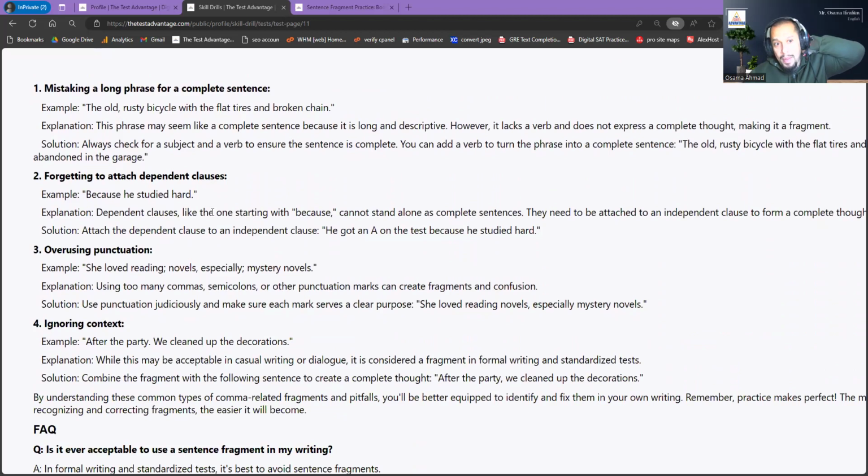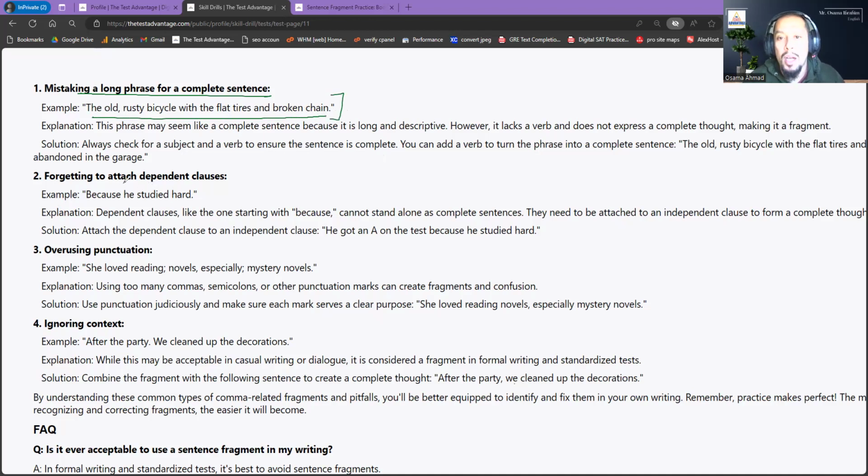Okay, so common pitfalls, common mistakes طلبة بيعملوها. Number one, they mistake a long phrase for a complete sentence. Okay, this is a big problem, right? عشان طلبة كتير بيمشوا بشكل الجملة وطالما هي طويلة هي فكرة complete. No. ممكن يبقى 5 dependent clauses لازقين في بعض. The old rusty bicycle with the flat tires and broken chain.